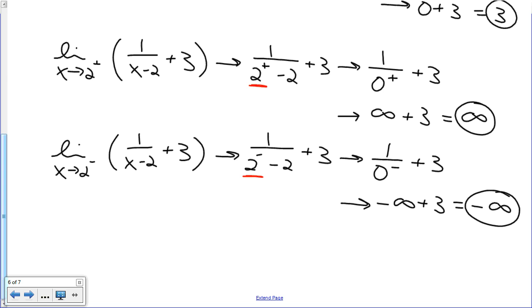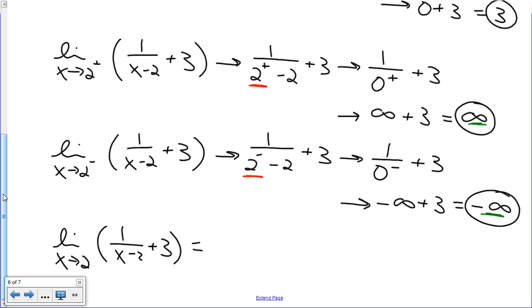All right. And the last one here is what happens as we just approach 2. The limit as x goes to 2 of 1 over x minus 2 plus 3. Now for this, we have to break it down into the previous two problems that I just did. I saw from the right-hand side that my function was approaching positive infinity, and from the left-hand side that my function is approaching negative infinity.